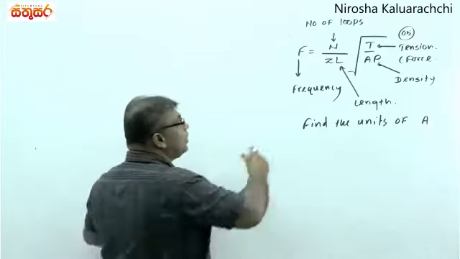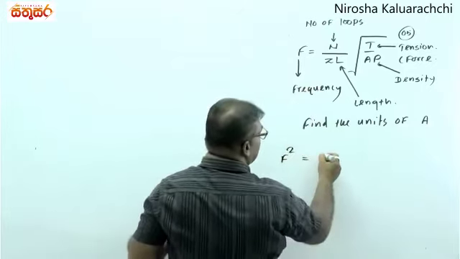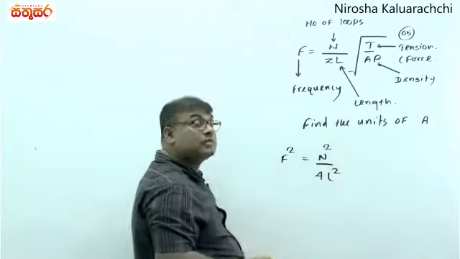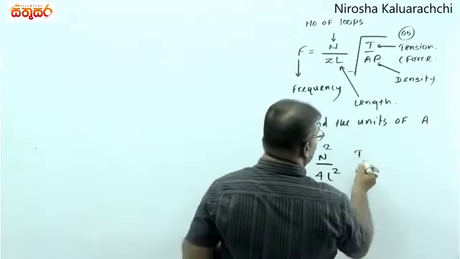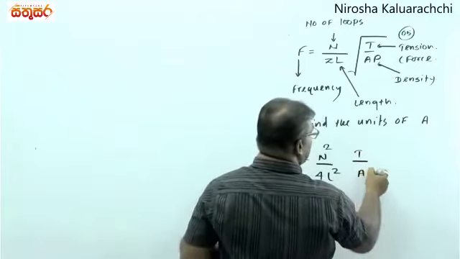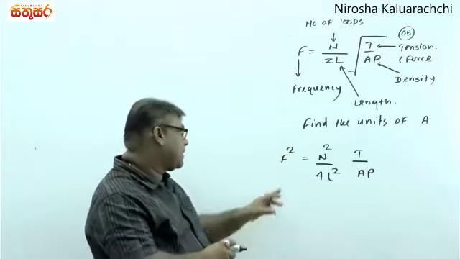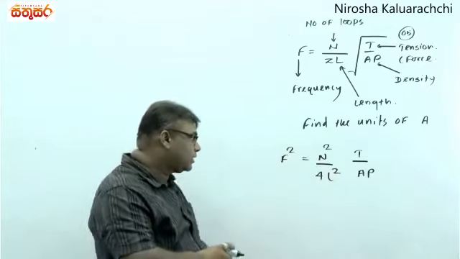How? The whole equation, square either side. Then f squared equals n squared over 4 l squared, the square root cancels as it is squared, right? Then we have t over a rho. So f squared equals n squared over 4 l squared times t over a rho.